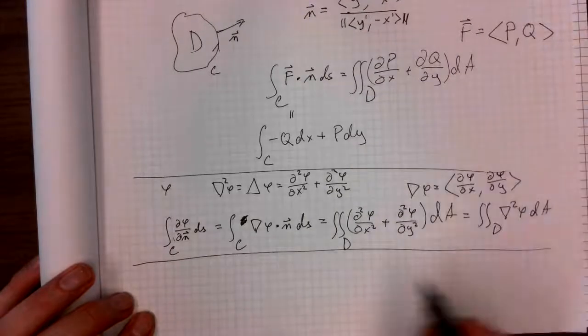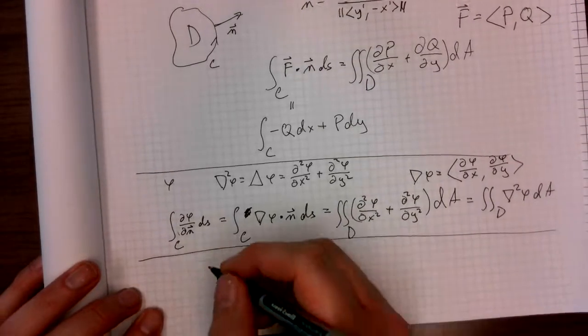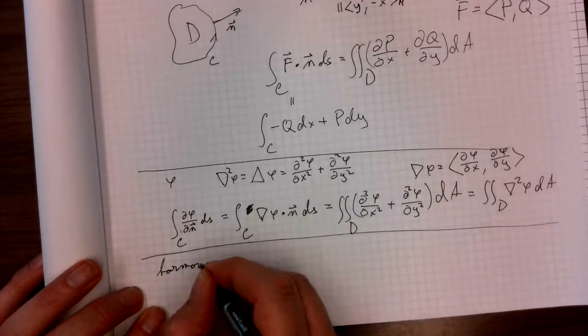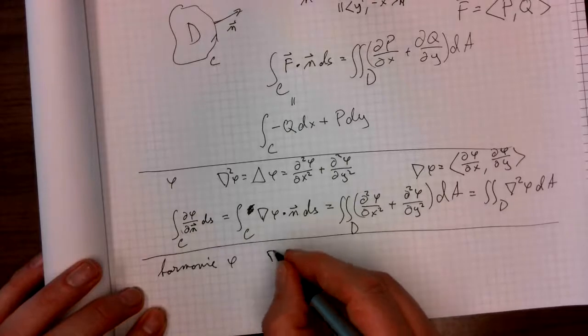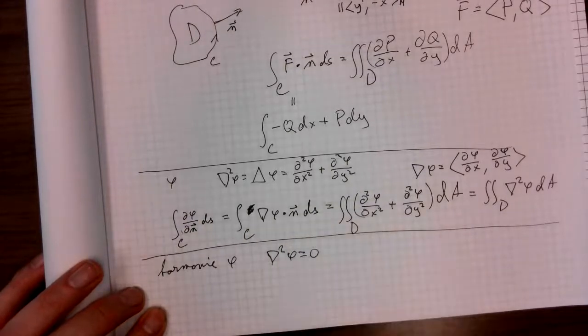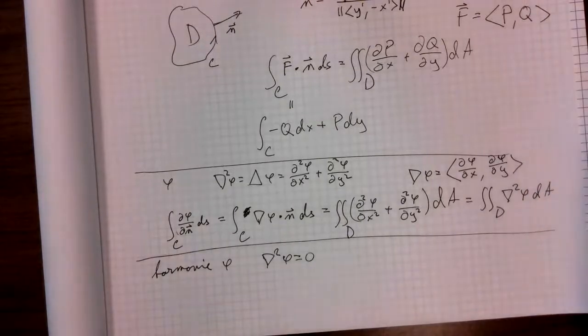Now there are special sorts of functions. These are called harmonic functions. Those are the ones where the Laplacian is 0, and these are, for example, the steady state heat distribution, or maybe the potential for a charge, in the region where there's no charges, so in the region between charges.